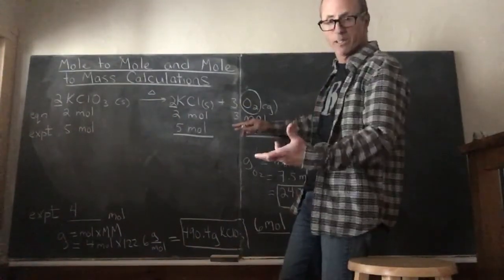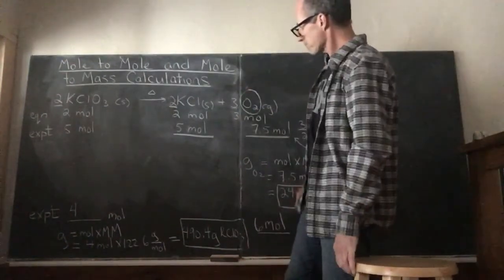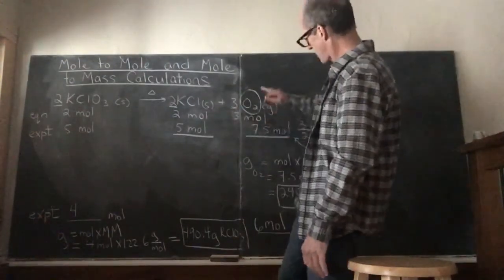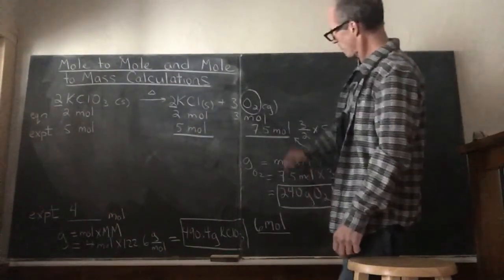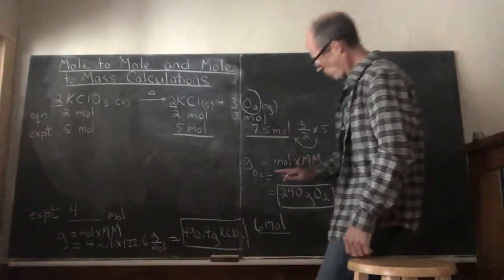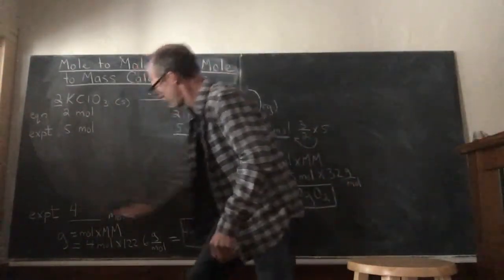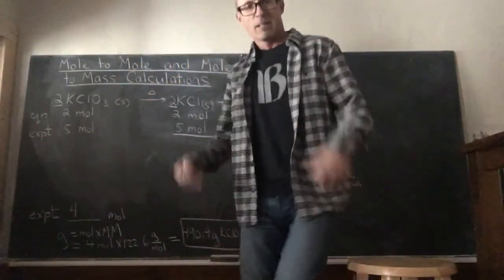The textbook uses a different method. However, I've had good luck with this method, setting things up nice and organized and working underneath. And we can figure out moles from moles, grams from moles, or even working backwards to start with products and ending up with reactants. Hopefully that helped.